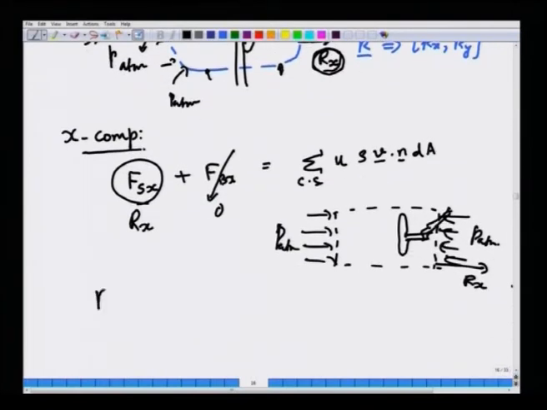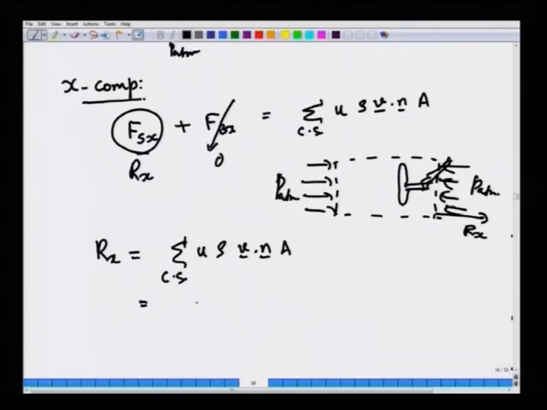Okay. So, R x is equal to summation over the control surface of u rho v dot n dA, which becomes times A, because you have already integrated it out; it is a uniform flow approximation. Now, along the x direction there is only inlet of momentum, there is no exit of momentum.